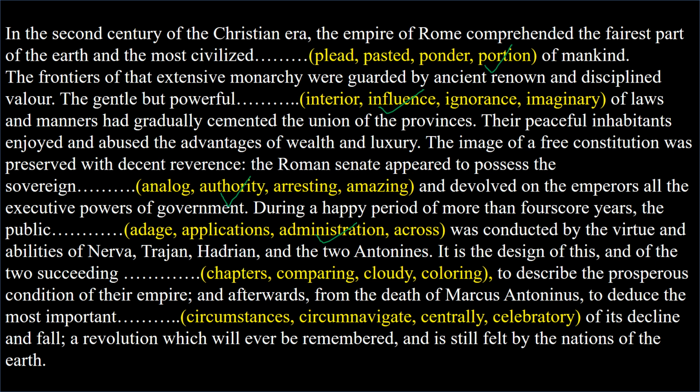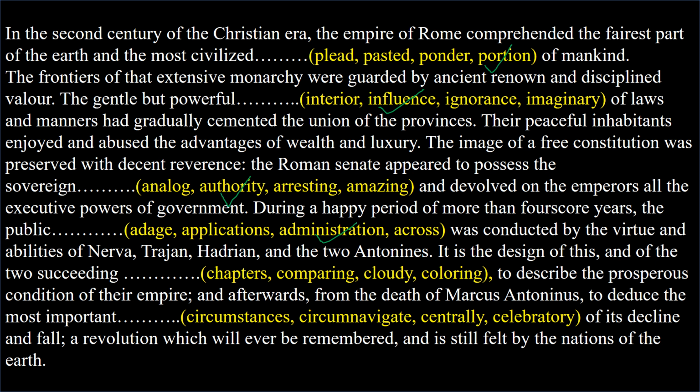Was conducted by the virtue and abilities of Nerva, Trajan, Hadrian, and the 2 Antonines. It is the design of this and of the 2 succeeding, and in the bracket you can see chapters, comparing, cloudy, coloring.